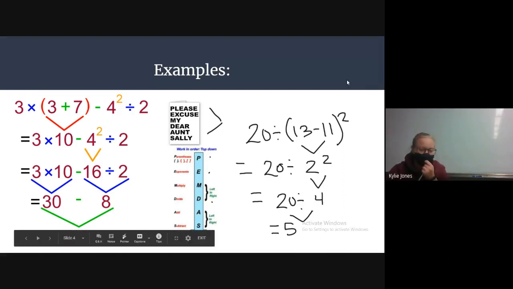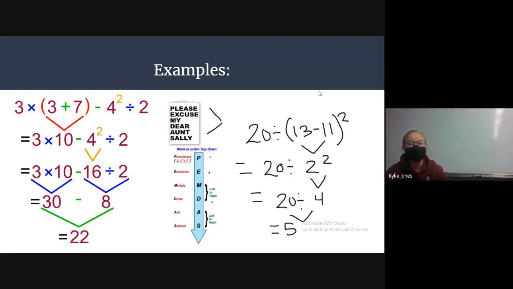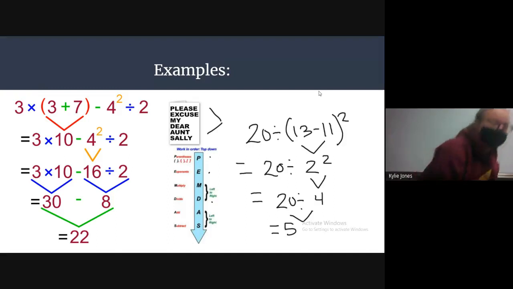Yep. Now look at that other one and see if you understand the order that it goes in. Parentheses, exponents, multiplication, division. Look at that one really quick. Let me print it for you. I think I forgot. Sorry. Understand it.